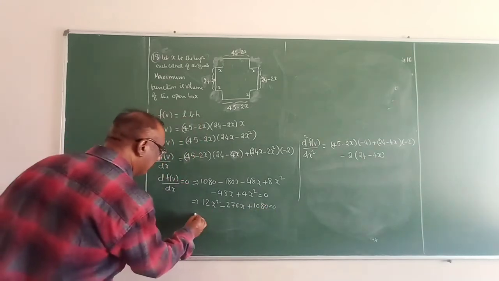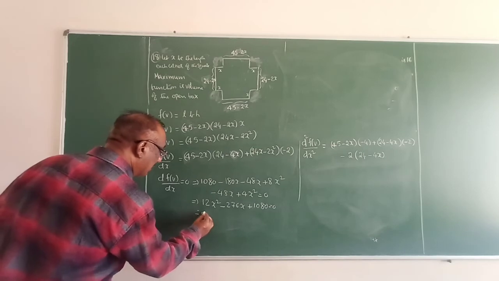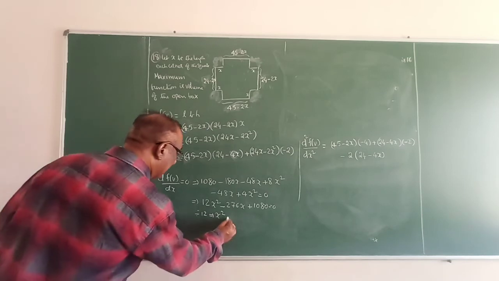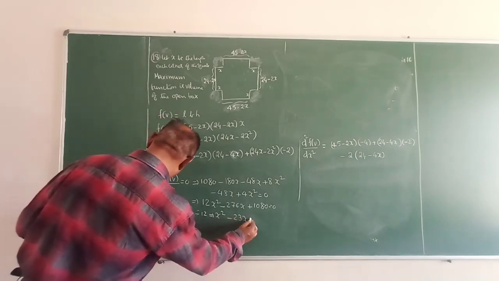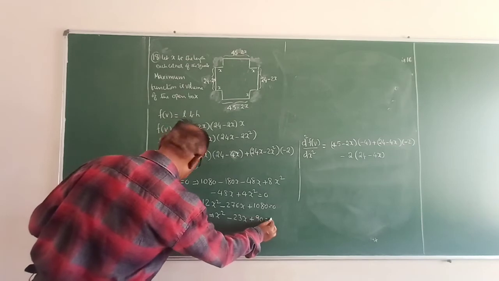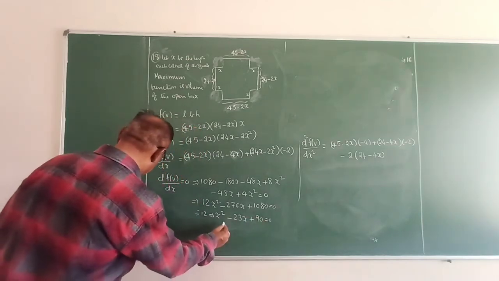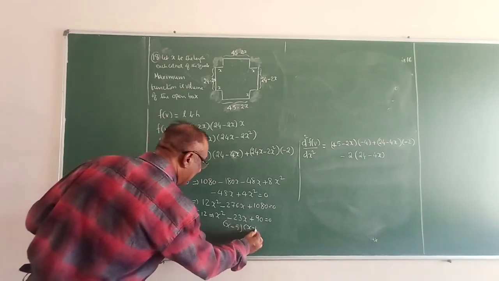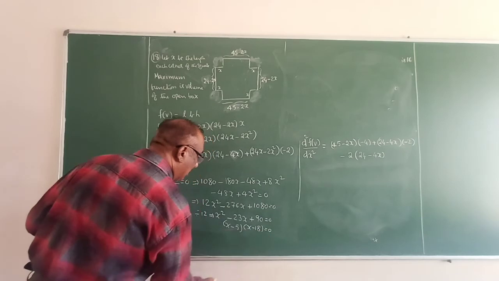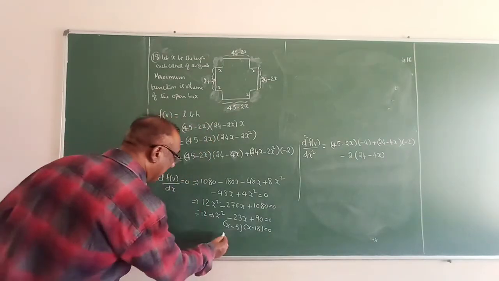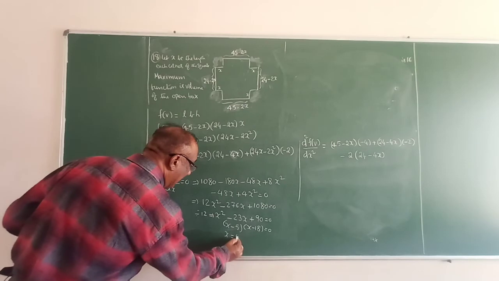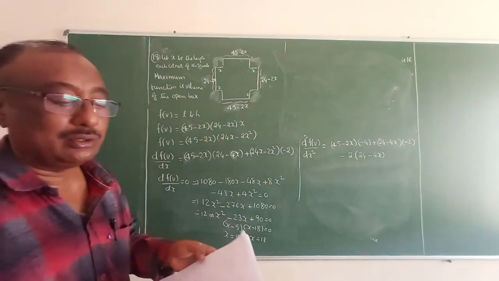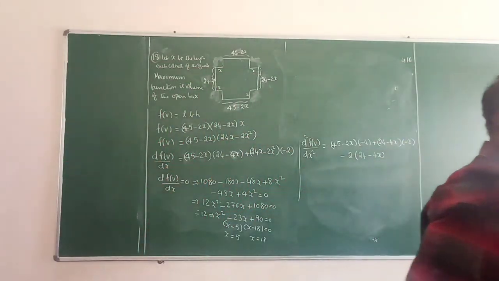Divide with 12: x square minus 23x plus 90 is equal to 0. Factors: (x minus 5)(x minus 18) equal to 0. X is equal to 5 and x is equal to 18. First, substitute x is equal to 5 to see whether we get the maximum or minimum.